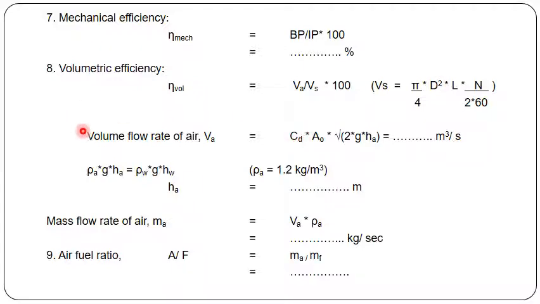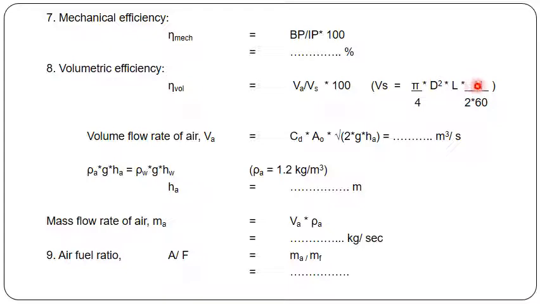Once this value is calculated in meter cube per second, it is divided by swept volume, which should also be in meter cube per second. So we multiply pi by 4 d square into L by N, which is a time factor. N is in RPM, so it is divided by 60, so you get the value in RPS.